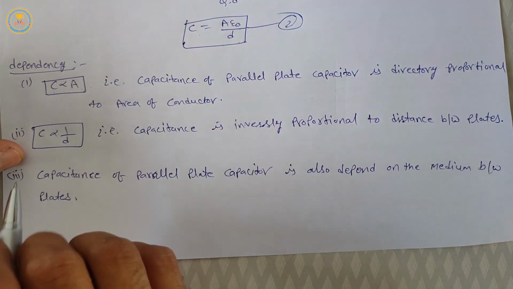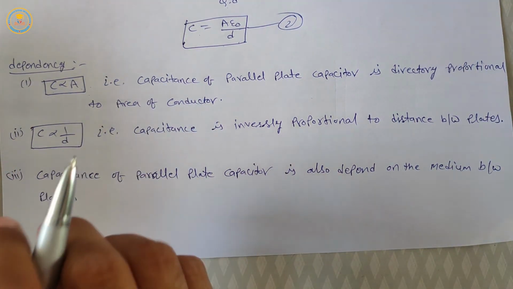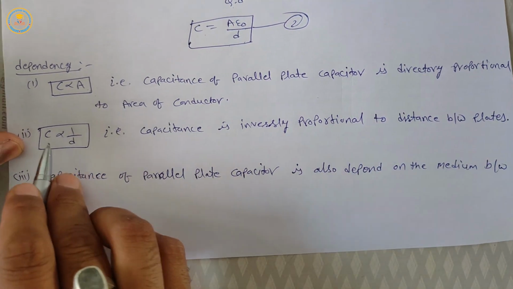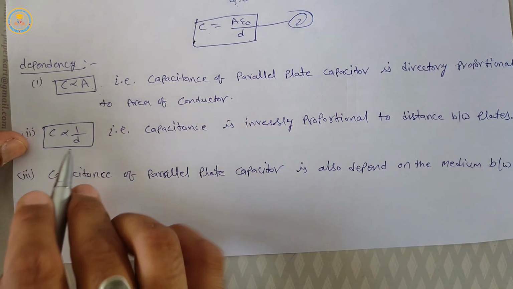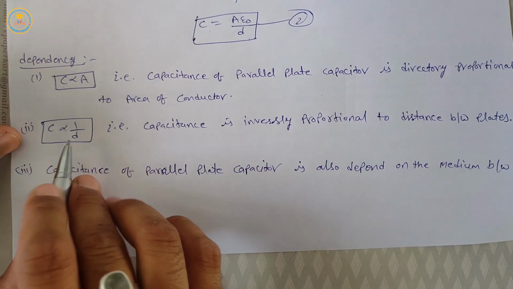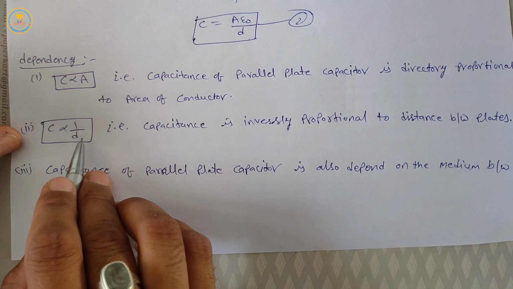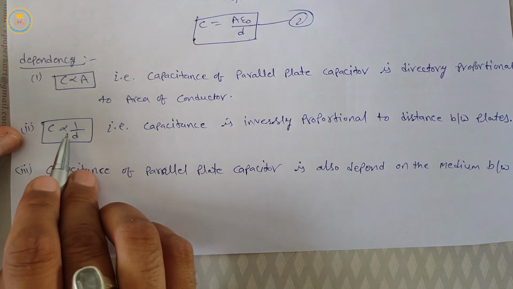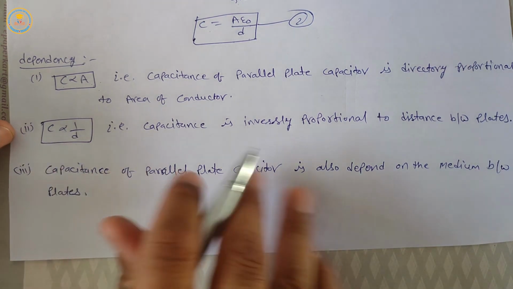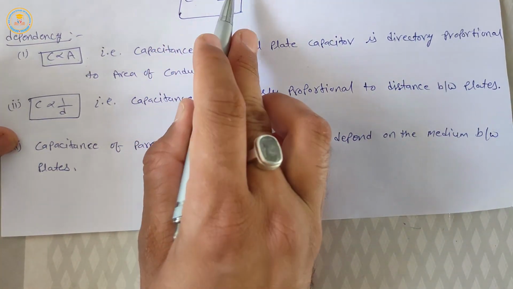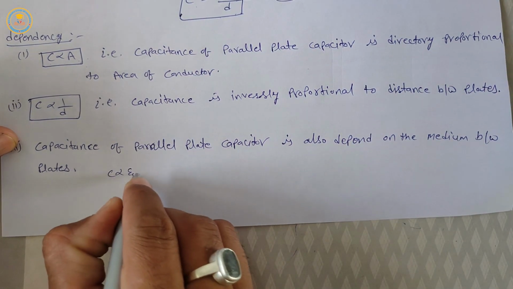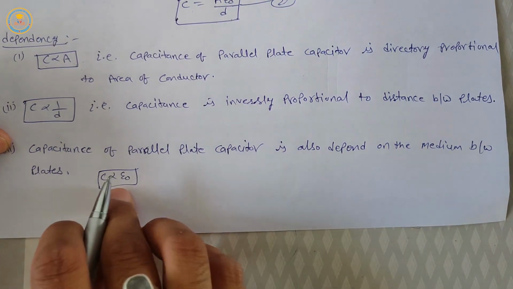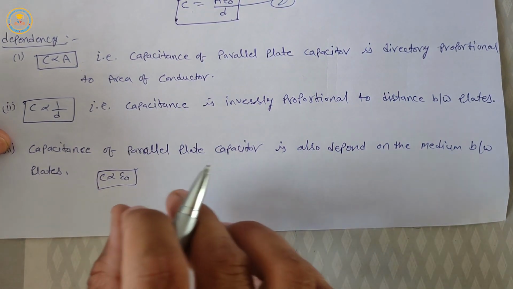Capacitance is inversely proportional to the distance between the plates, meaning C is inversely proportional to d. It means if we decrease the distance between the plates, then the capacitance will be increased. And C is directly proportional to epsilon naught. It means the capacitance of a parallel plate capacitor also depends on the medium between the plates.